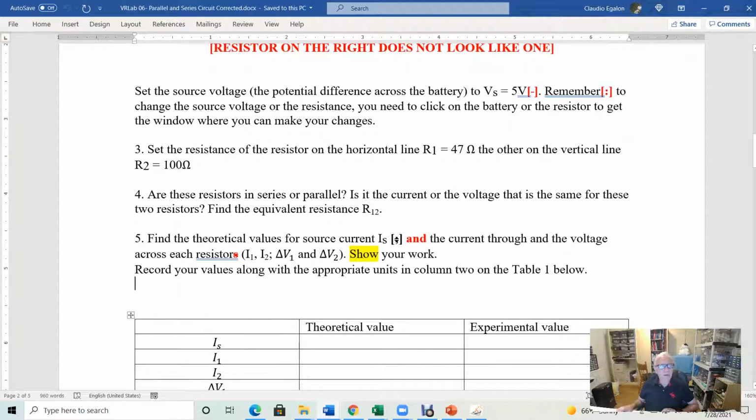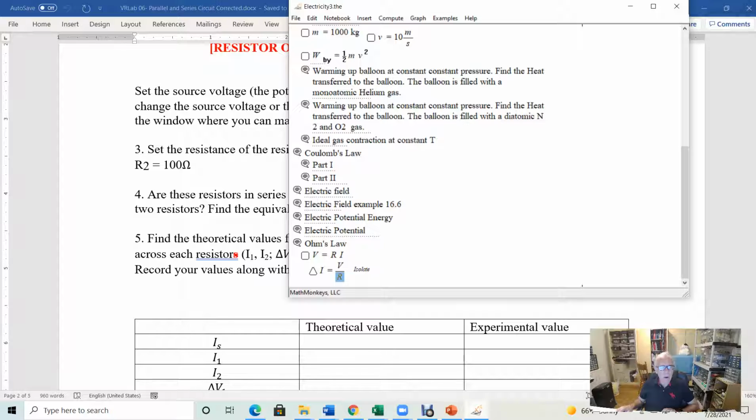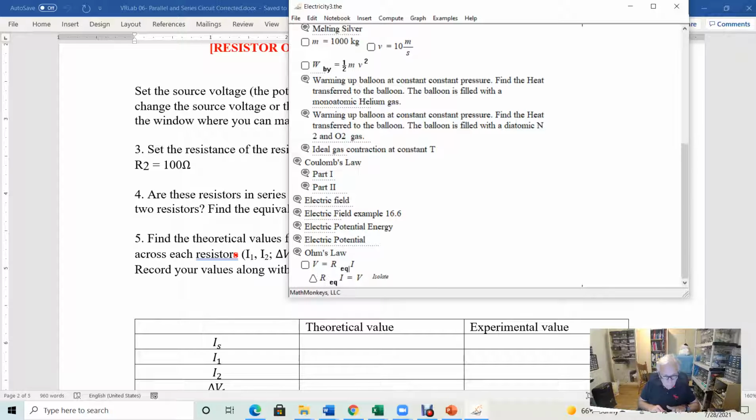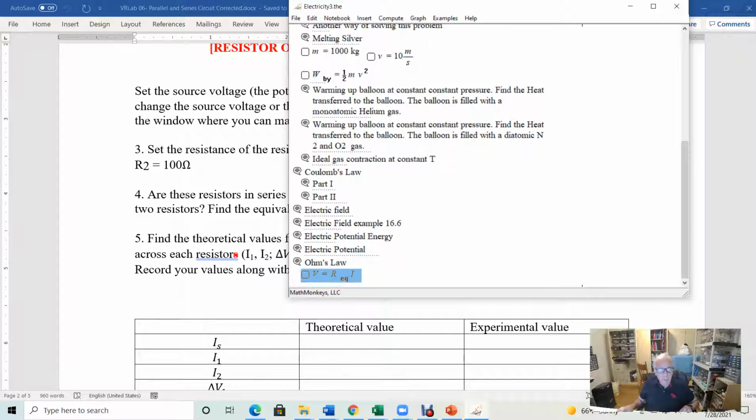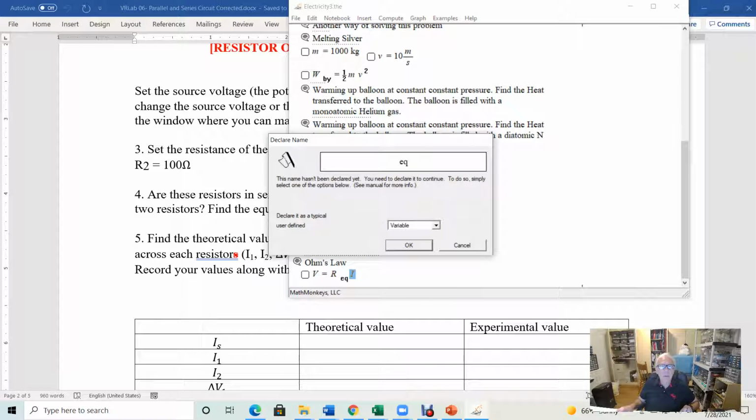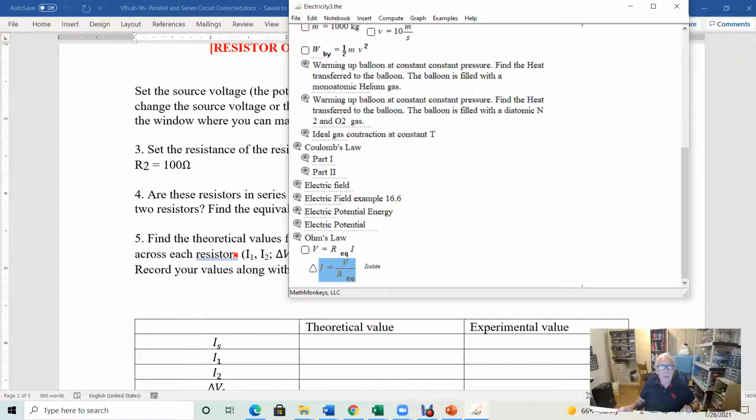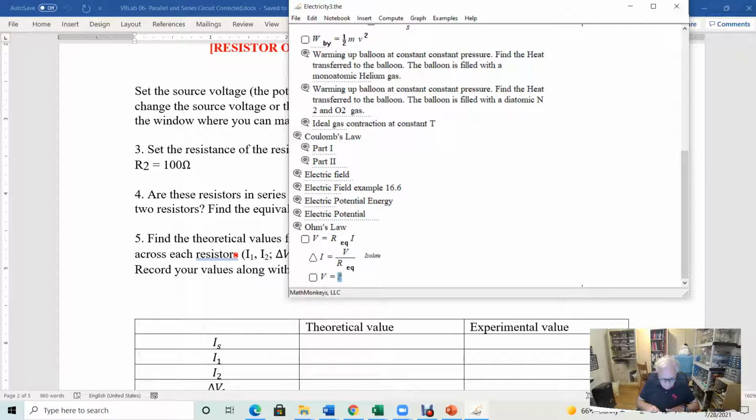And the voltage across each resistor. Show your work. We're going to do that here. The resistance actually is going to be the equivalent resistance. And I want to know the current. The voltage is going to be 5 volts.